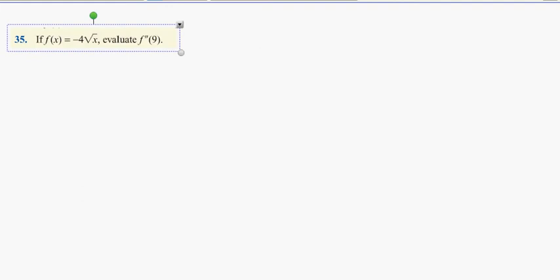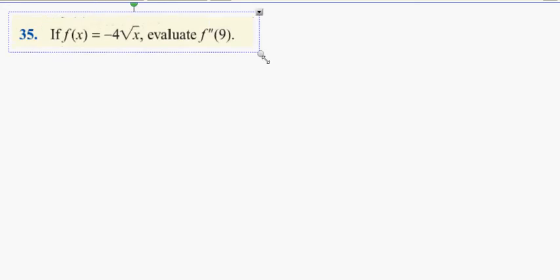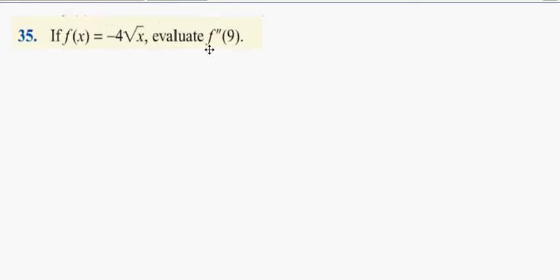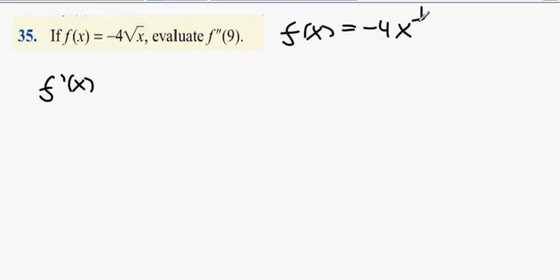Okay, 35. If f of x is minus 4 times the square root of x, find the second derivative and then replace x with 9. So, first derivative is f dash x. F of x is now going to be minus 4x to the power of a half. Multiply a half by minus 4, we get minus 2.